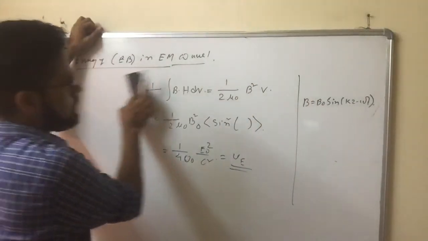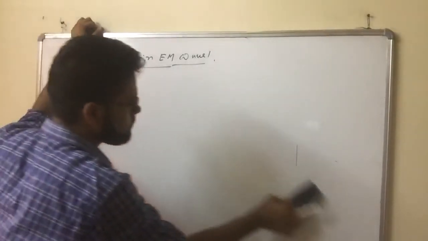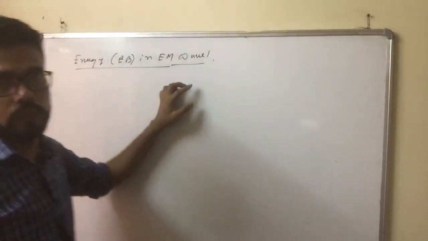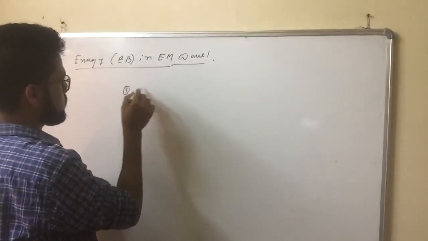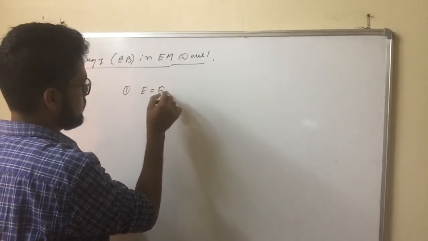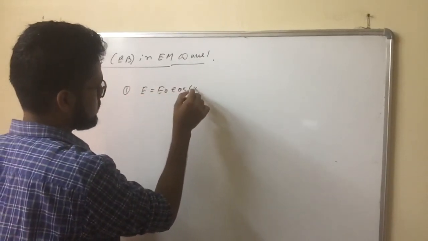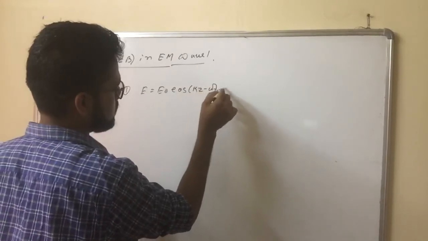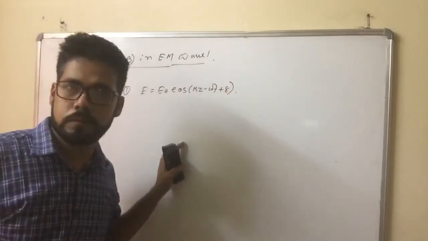Okay, in the exam, suppose we take the solution like this: E naught cos kz minus omega t plus, whatever solution I have derived.